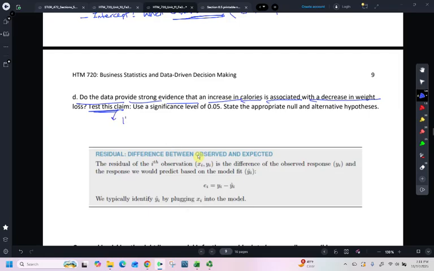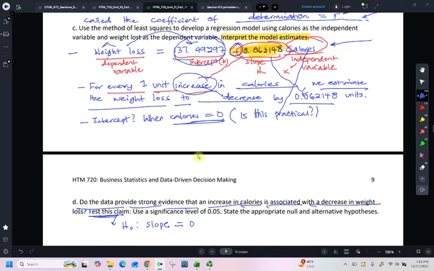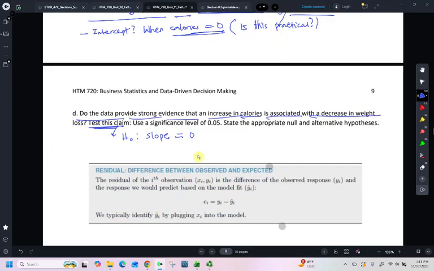To test this claim, we set up the null hypothesis regarding the slope. If the slope is equal to zero, it means that 0 times calories nullifies the effect of the calories. It means that the relationship is not significant. So relationship between the variables, let's just keep that simple.